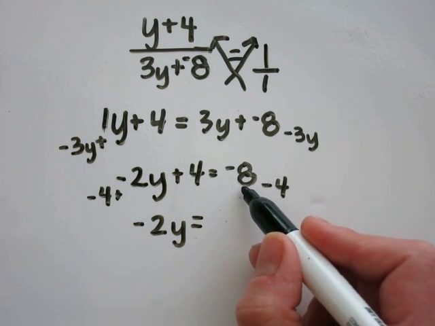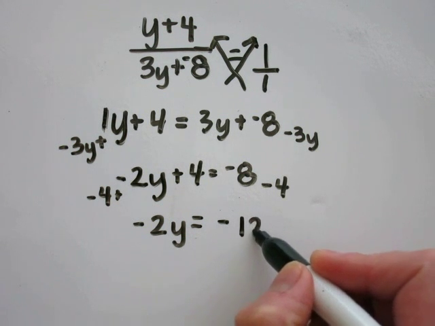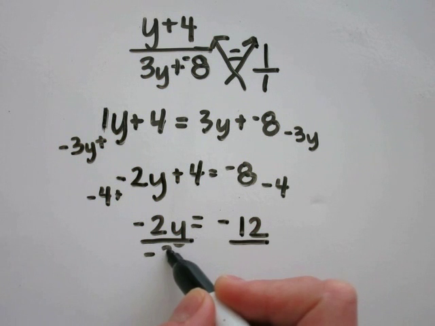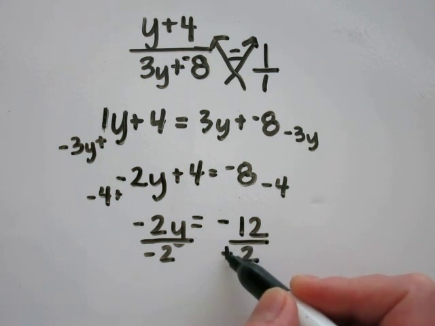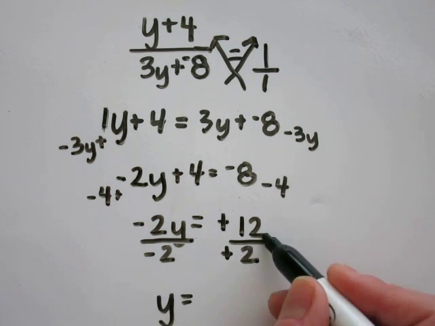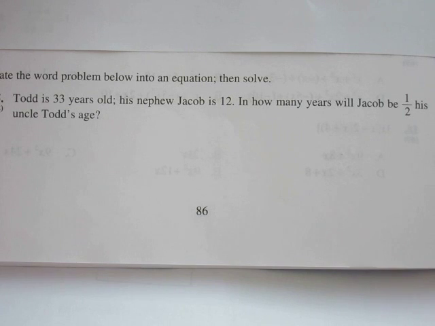Over here, negative 8 minus 4 is negative 12. Divide each side by negative 2. When you're dividing two negatives, they cancel out for positive. So I'm left with y equals 12 divided by 2 is 6. So y equals 6.